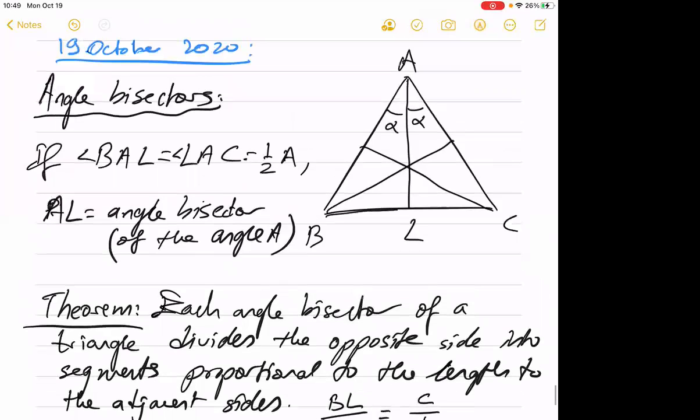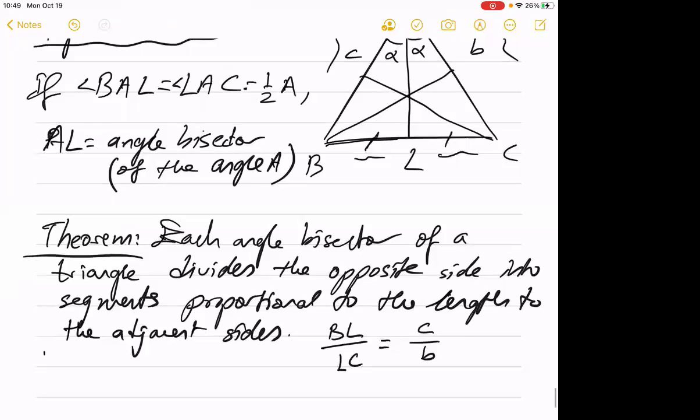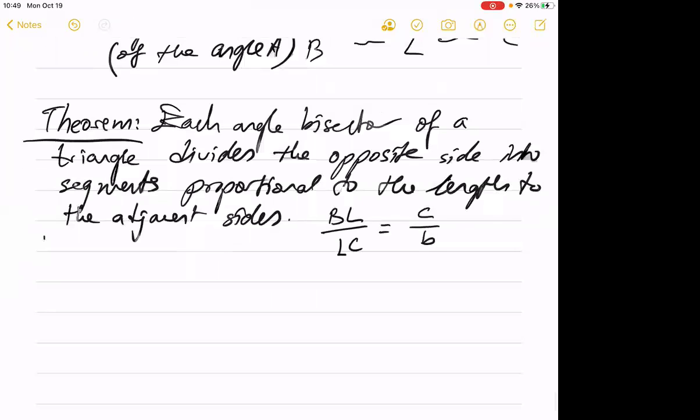So this side over that side is equal to c over b, sorry, c over b, not b over c. So this side over that side is equal to this side over that side. Okay, let's give a proof of this statement.